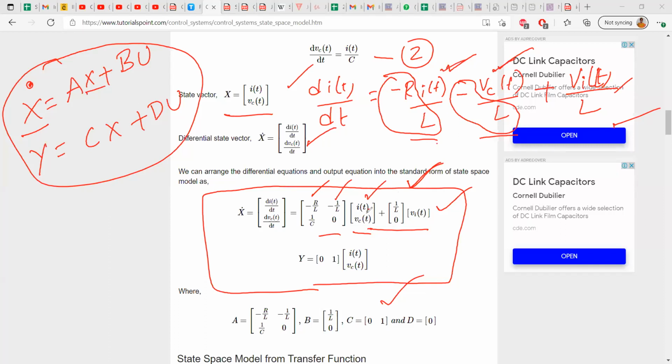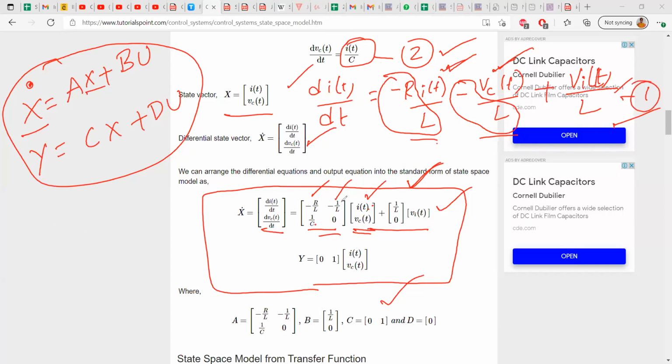Similarly, come to the second equation, look here: dVc by dt equal to, we have only the 1 by c term, I of t into 1 by c. So if you multiply the second row with this column, 1 by c into I of t plus, there is no Vc of t term in the second equation, but in the first equation we have Vc of t.